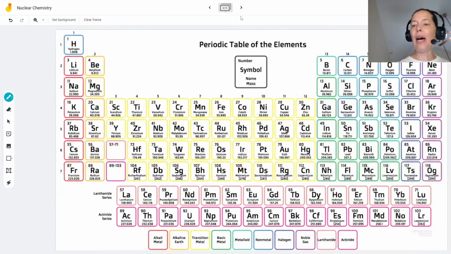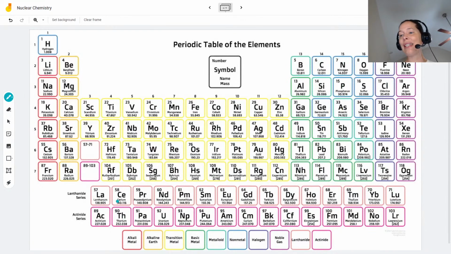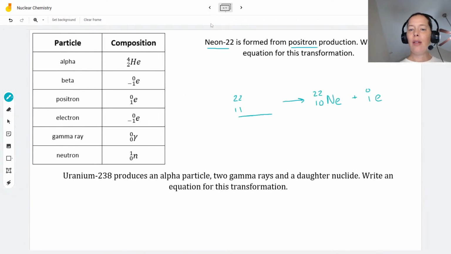So let's go back to our periodic table. Now, the nice thing is when you're doing these problems, you don't have to switch back and forth between slides. Just keep your favorite periodic table right there. So we had an atomic number of 11. So if we find atomic number 11, you can see it's right over here on the left. It is sodium. So now I know the identity of that element, and that is sodium.